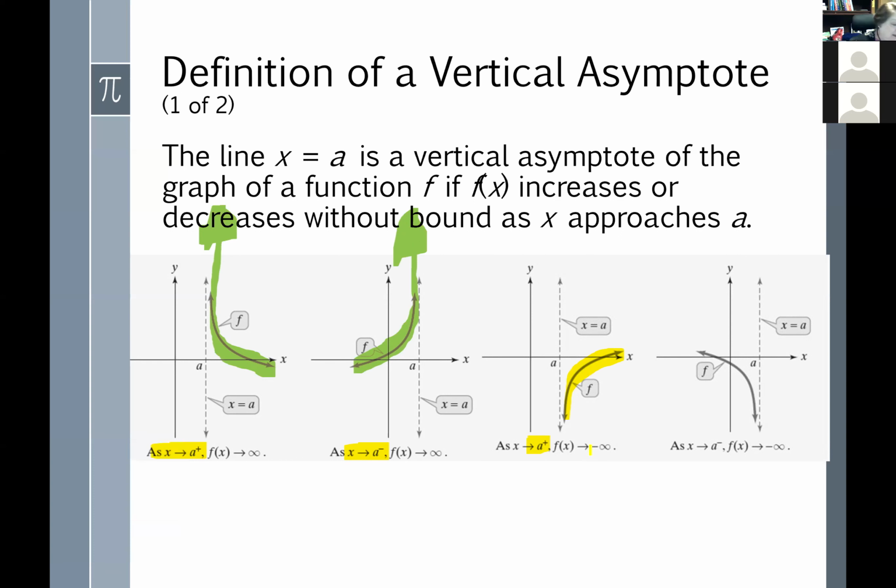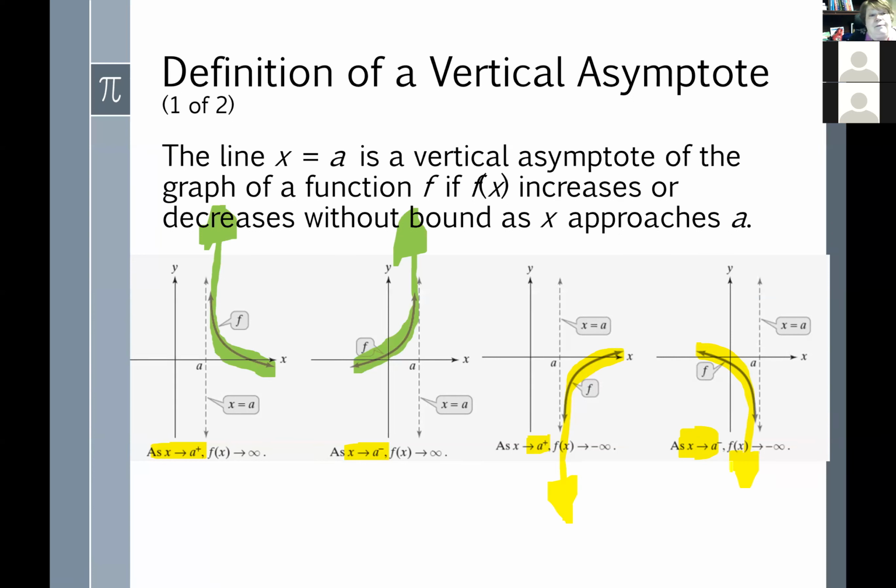And in this case, it decreases without bound. And the same is true in the last graph on the right. As x is approaching that line from the negative direction, it can't touch that line, can't cross that line, it decreases without bound. So a vertical asymptote is a vertical line, x equals a constant, that your function approaches, can't cross, can't touch. It either increases without bound at that line, or it decreases without bound at that line.